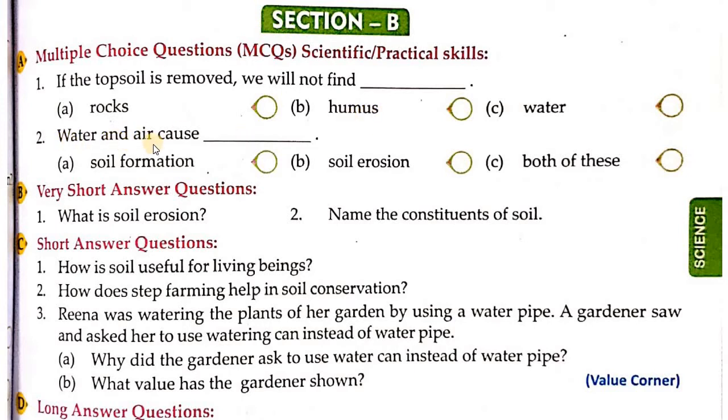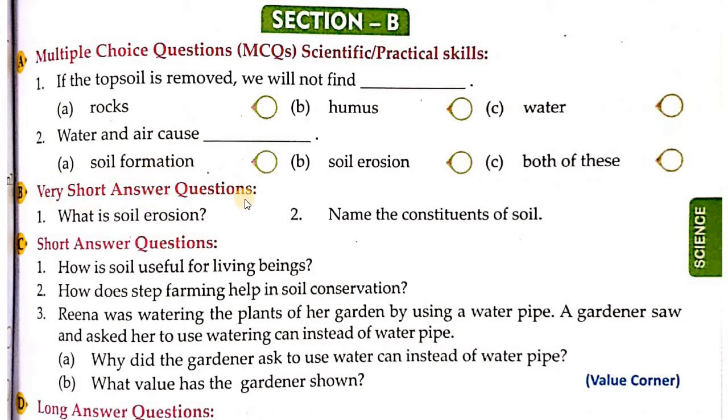Number 2, water and air cause soil formation, soil erosion, both of these. Yes, both of these, because soil formation happens with the help of water and air, and also soil erosion happens by the effect of water and air.